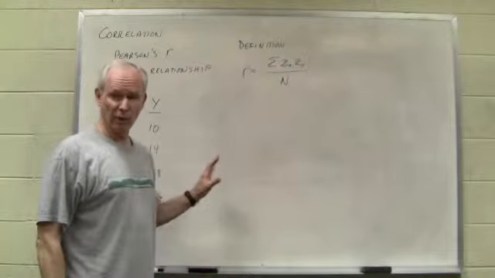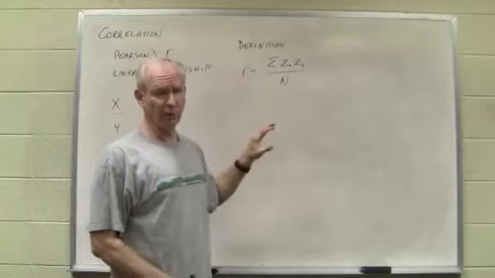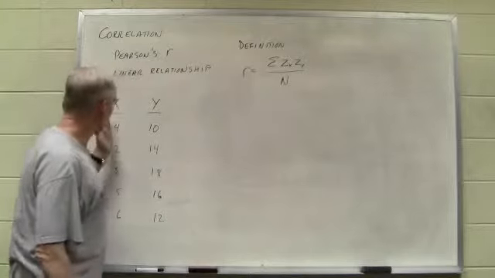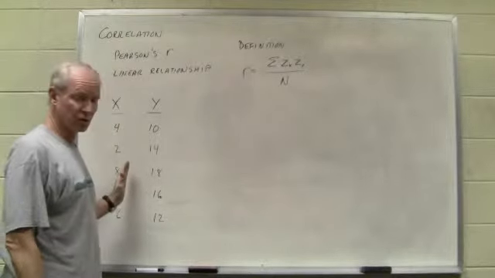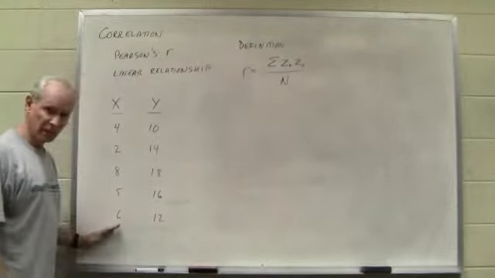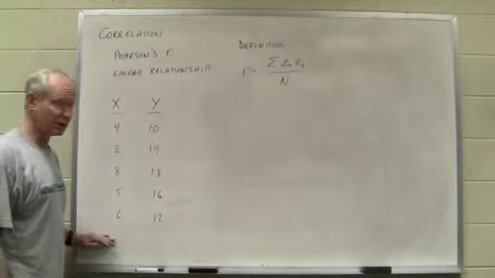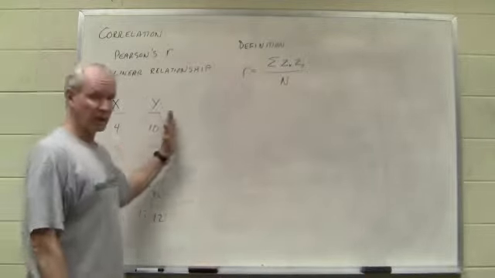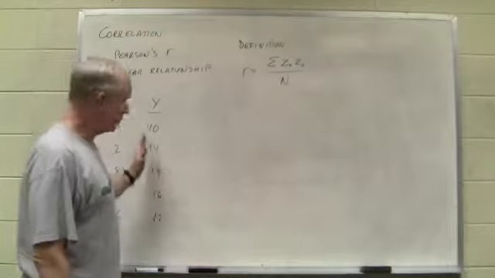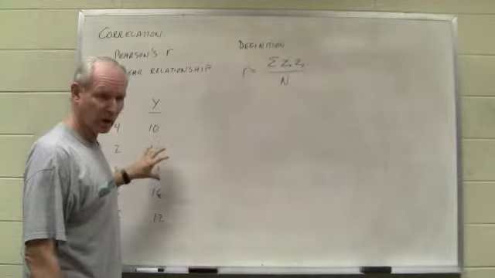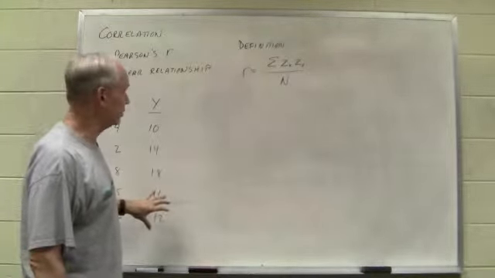Now, that would take a lot of work. It's a nice, simple-looking formula, but what we'd have to do is turn each of these x values into a z-score, using the mean of the x's and the standard deviation of the x's to do it. And then we'd have to turn all the y values into z-scores, using the mean of the y's and the standard deviation of the y's to do that.